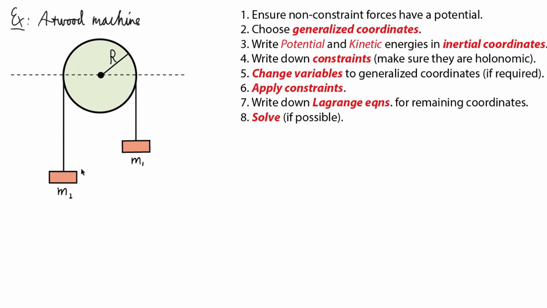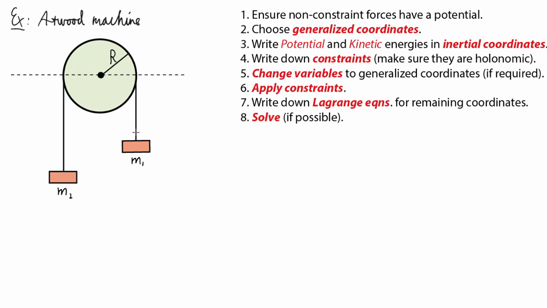Now, this problem you can, of course, very easily solve using the regular Newton's second law approach that you have used in intro mechanics, and we also solved it earlier using an energy approach. So now we're going to solve it again, but using Lagrangian mechanics. So the first thing we have to do here is ensure that non-constraint forces have a potential associated with them.